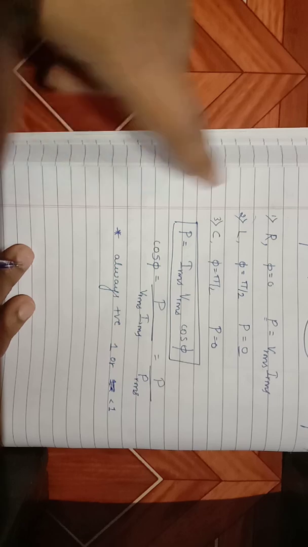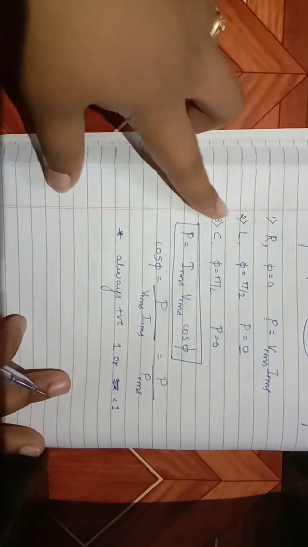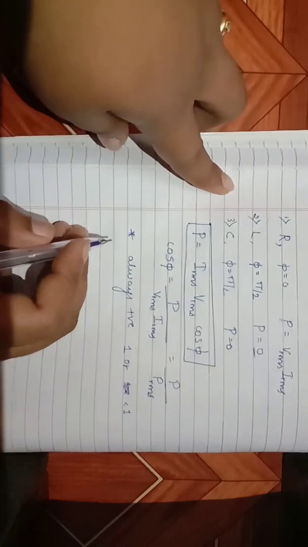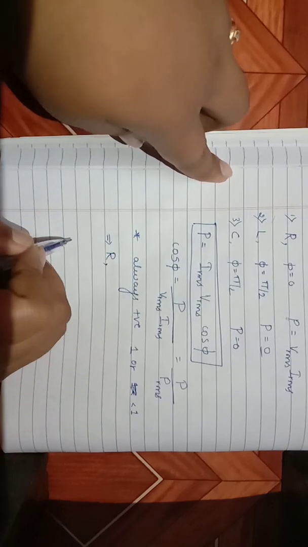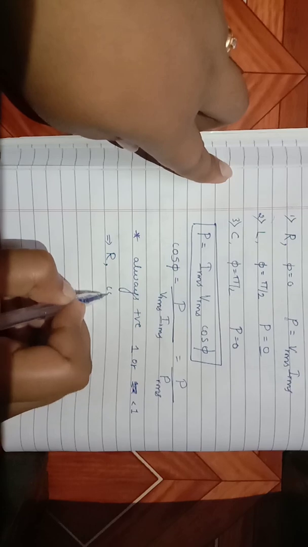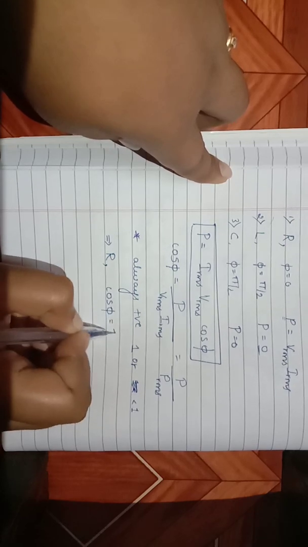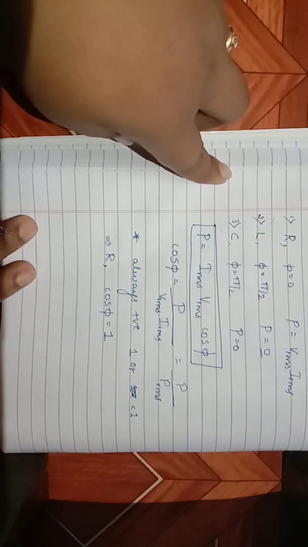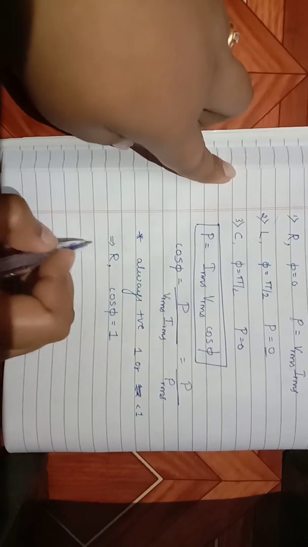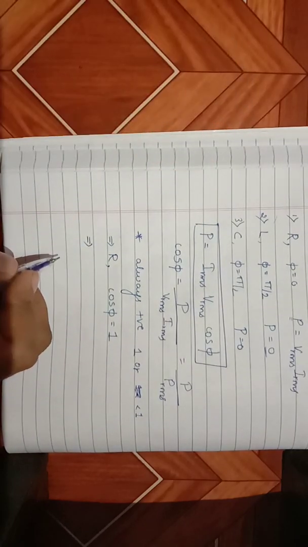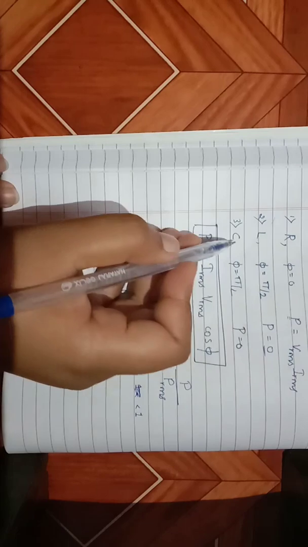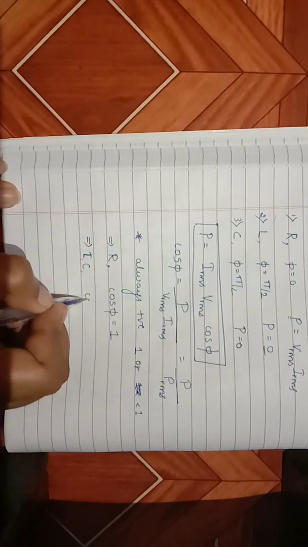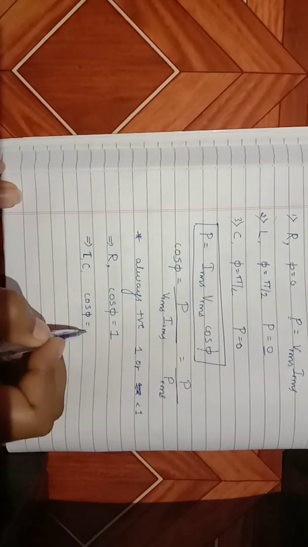Already you got the values here. For a circuit having a pure resistor, what is the power factor? Cos phi is equal to 1. For a circuit having a pure inductor or pure capacitor, we are having cos phi is 0.